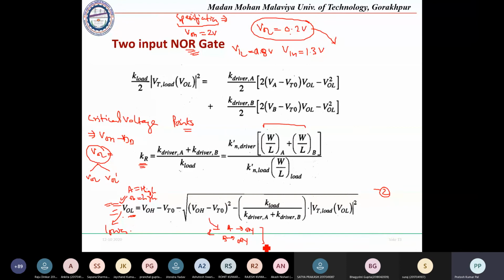In that case, after equating VOL equal to 0.2 volt, you will find some KR value. This KR value will explain the transistor sizing in the circuit implementation.